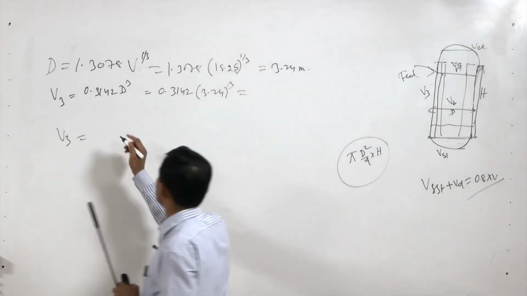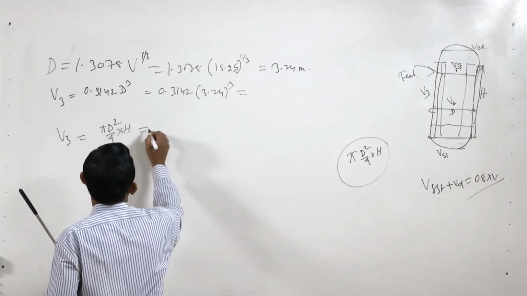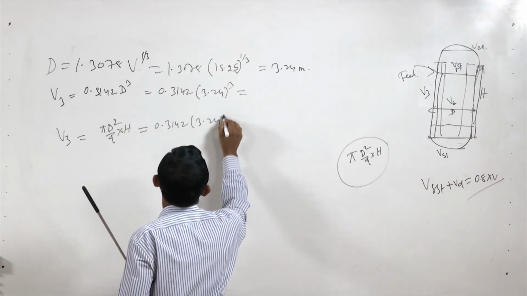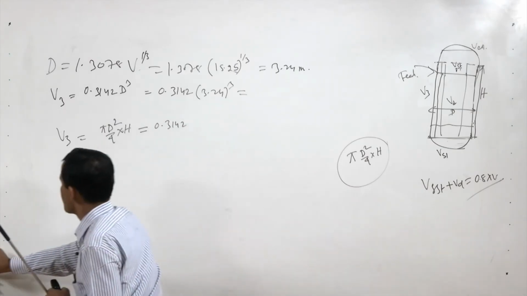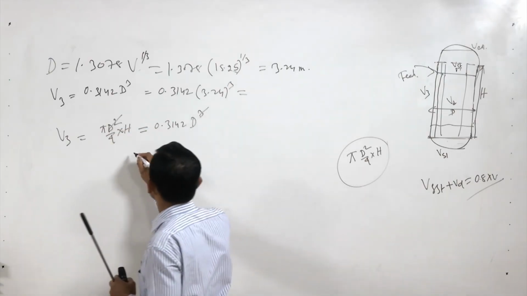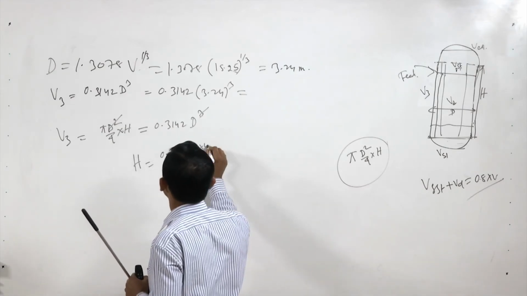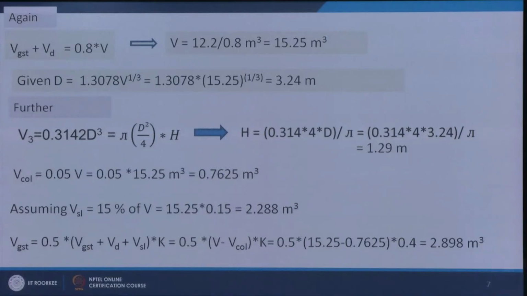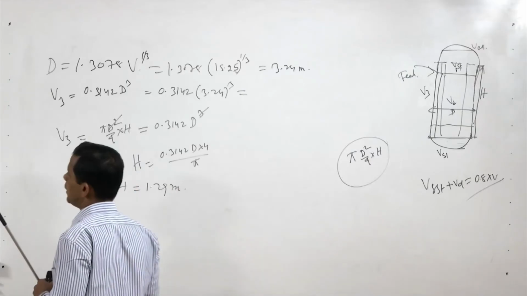So pi d square by 4 into h is equal to 0.3142 into D cube. D square and D cube cancel, so H is equal to 0.3142 D into 4 divided by pi, and H is equal to 1.29 meter. By this calculation we get H is equal to 1.29 meter.